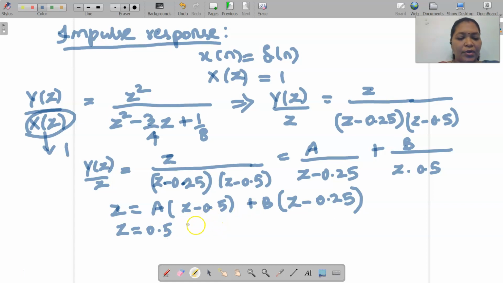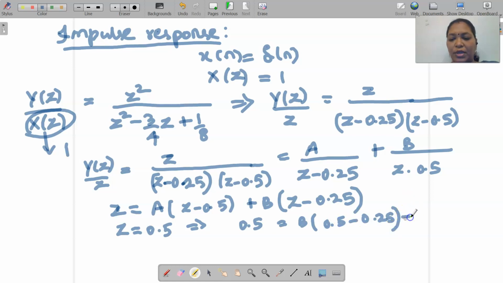Okay, so you'll be getting left hand side as 0.5 equal to, anyway first term gets cancelled, so B into 0.5 minus 0.25. So you will get 0.5 equal to 0.25B. So using this we can find out B value is 2.